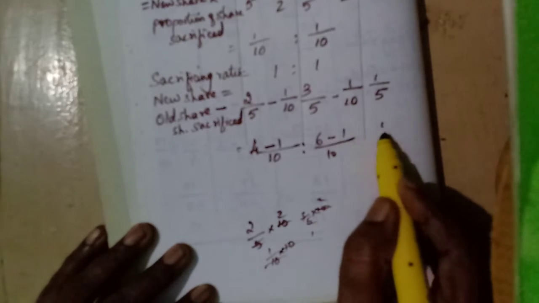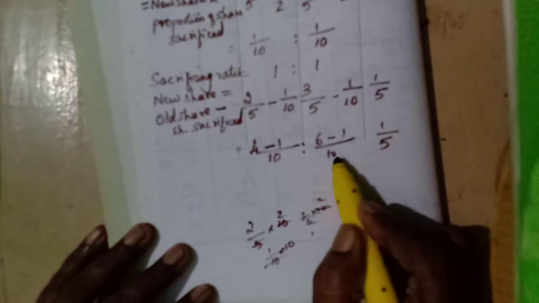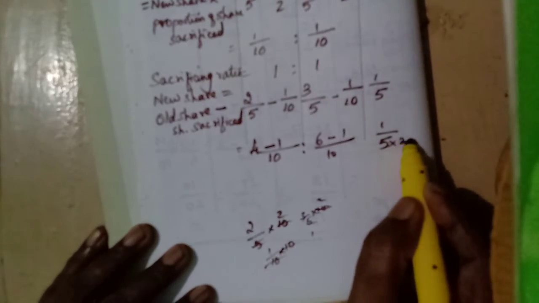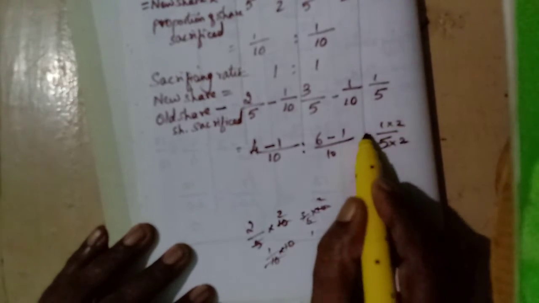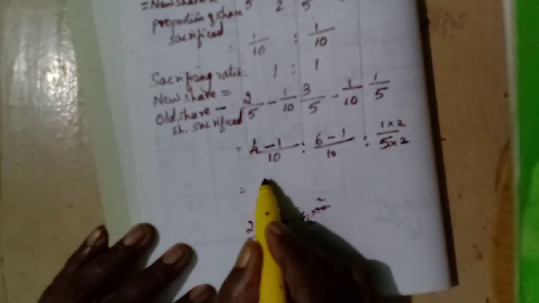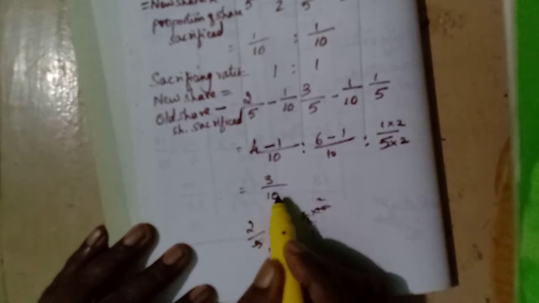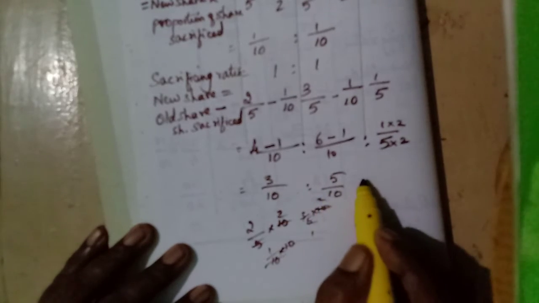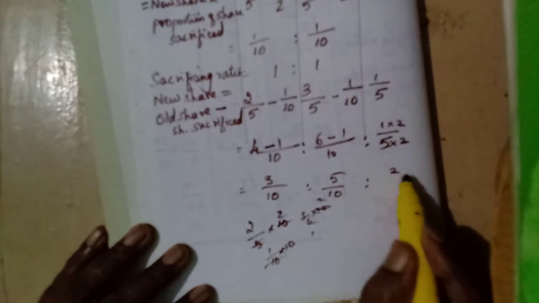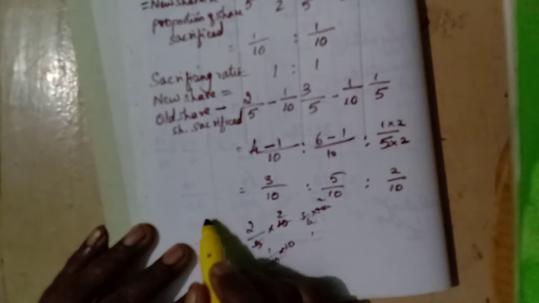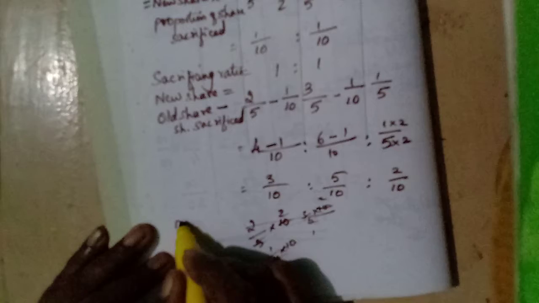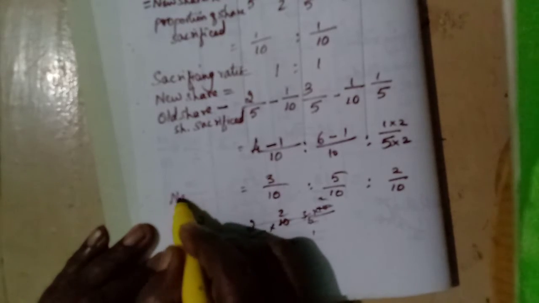Here 5, we need to make this LCM 10, so 5 into 2, 1 into 2. Okay, 3 by 10, 5 by 10, 2 by 10. Now the ratio, the new ratio. This is the new share.